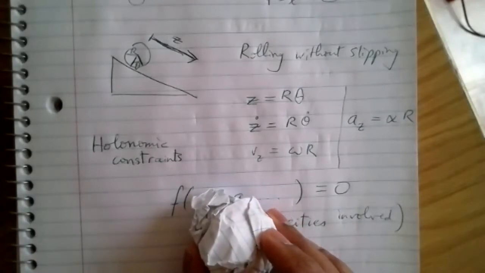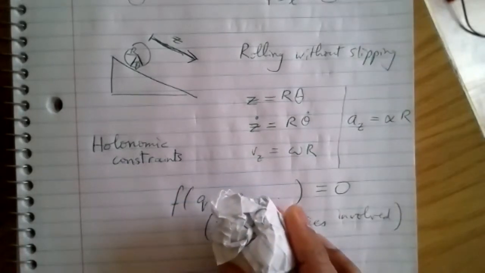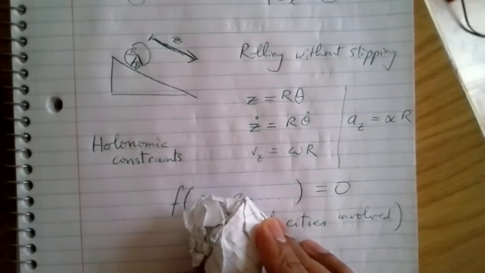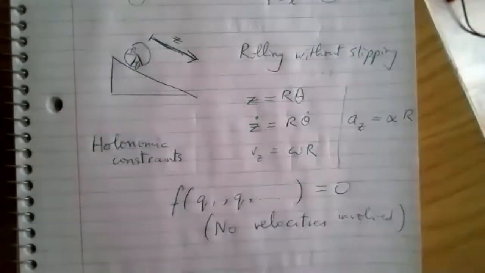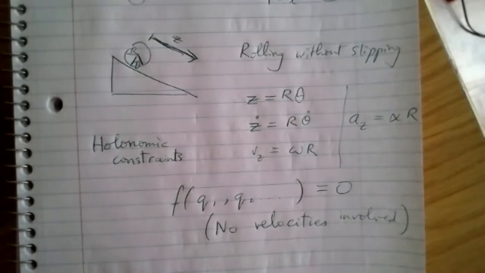There are relations that can be made for the angles and x and y and how they're related to each other, but they can't be expressed as this sort of equation. Instead, it's a relationship between dx, dy, d theta, d phi, and so on, and those relations can't be integrated.